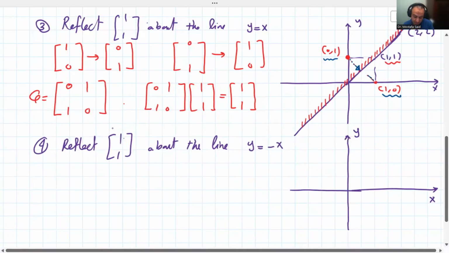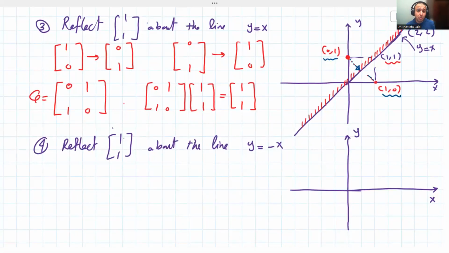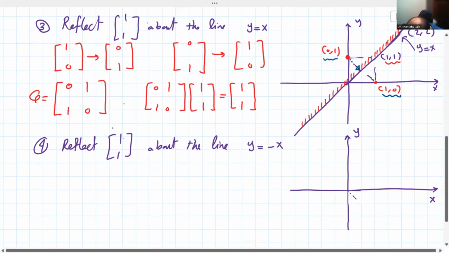That's the line y equal to x. Where do you think is the line y equal to minus x this time? Y equal to minus x means that if y is 1, x is minus 1, and the opposite. So it will be this line here.